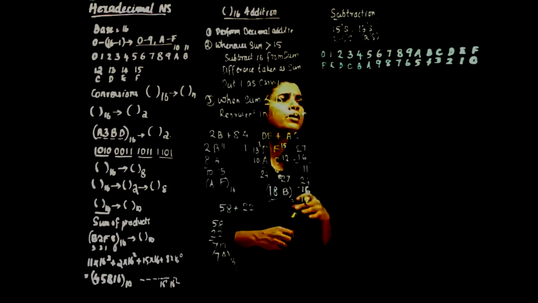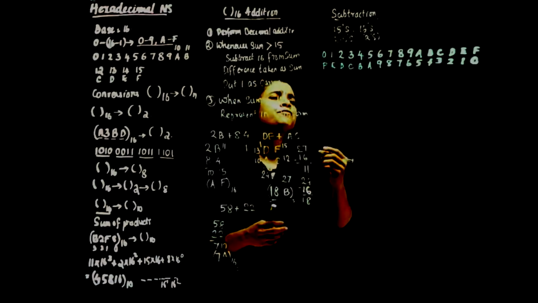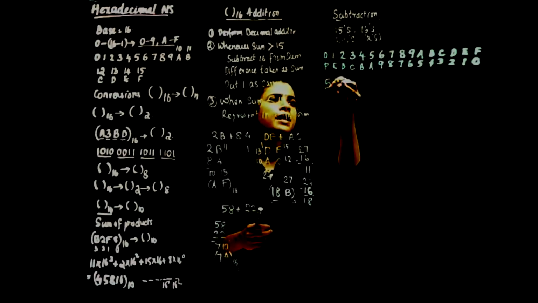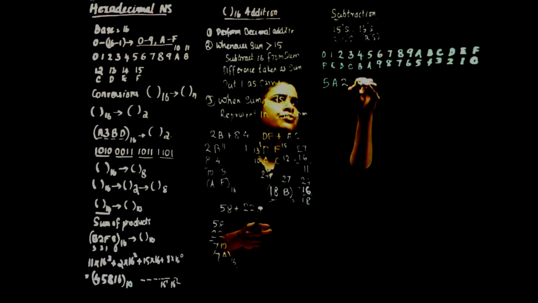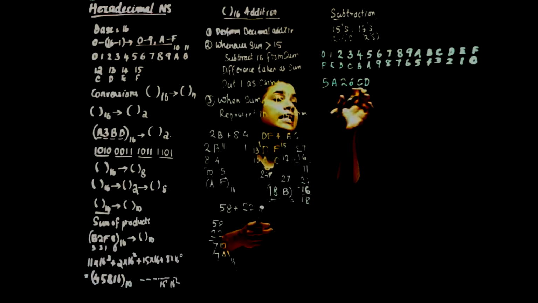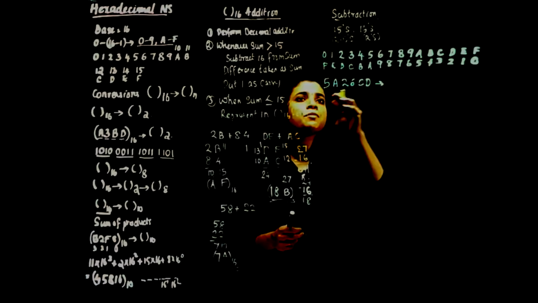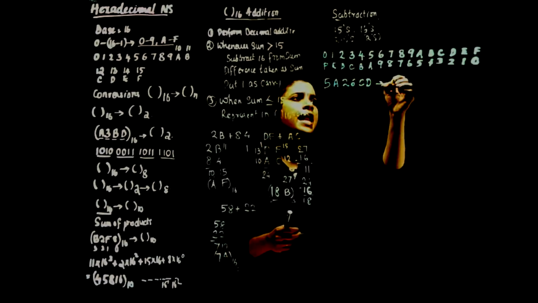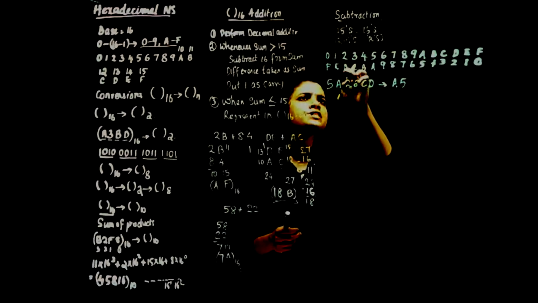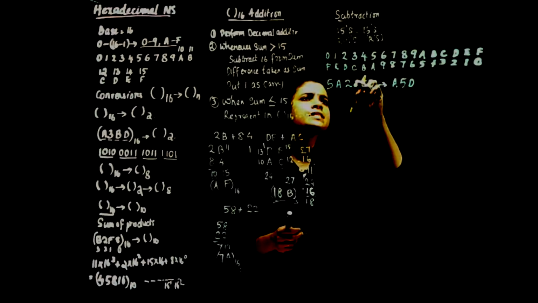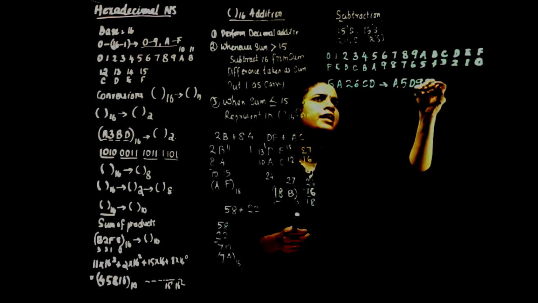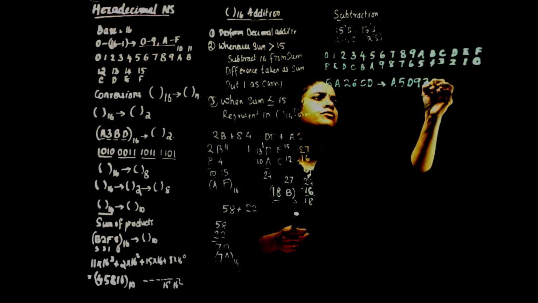Now, given a number, to take its 15's complement, suppose a number is given like 5A26CD. Its 15's complement is: corresponding to 5 it is A, 2 corresponds to D, 6 corresponds to 9, C corresponds to 3, D corresponds to 2.